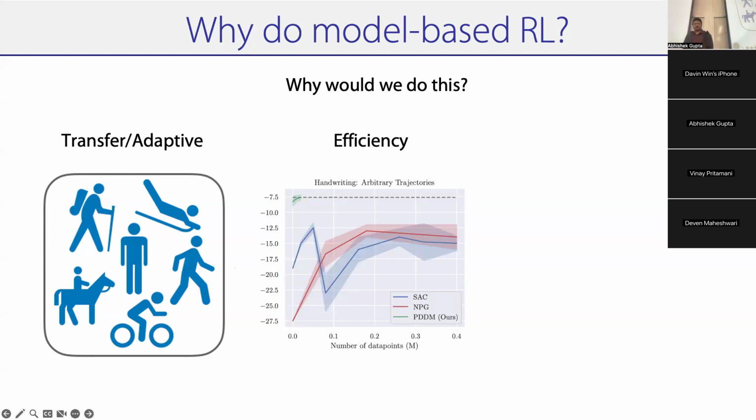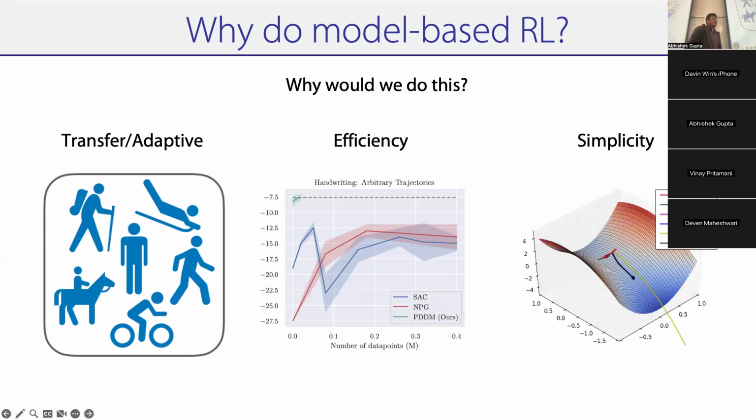It's often really, really efficient. This plot kind of shows model-based RL. You can't even see it, but model-based RL is this one, and model-free RL is these. So it's often extremely efficient compared to policy gradient. Lower variance, it tends to learn a lot quicker. And the last reason is that it's really simple, right?